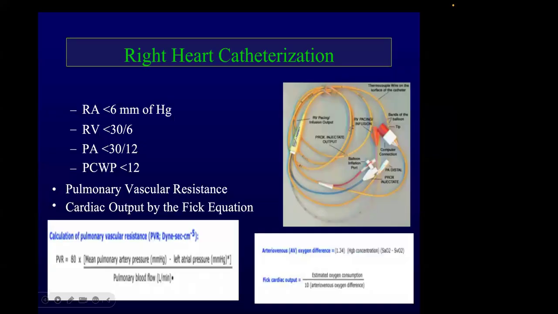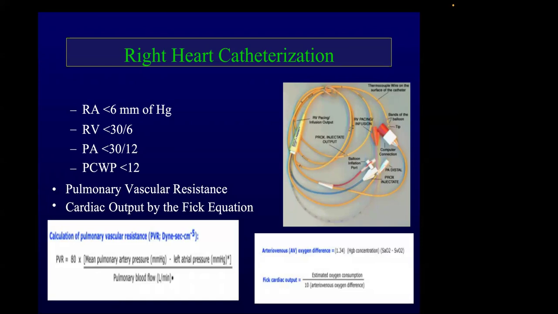Right heart catheterization: RA less than 6 mm of Hg, RV pressure 30 by 6, pulmonary artery 30 by 12, and PCWP less than 12. Pulmonary vascular resistance and cardiac output by the Fick equation: AV oxygen difference is 1.34 times hemoglobin concentration times SaO2 minus SvO2.